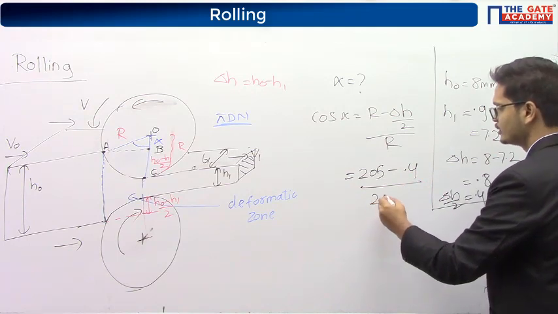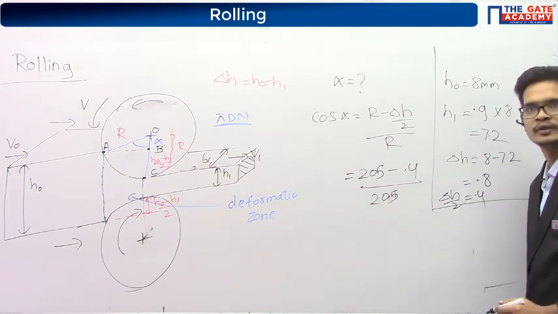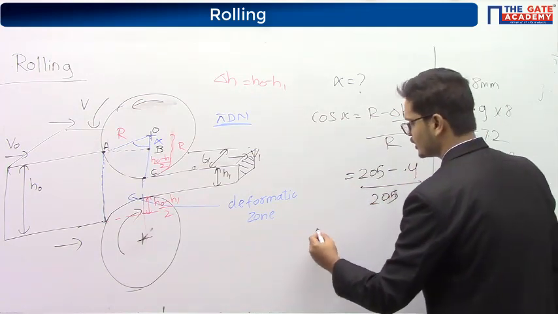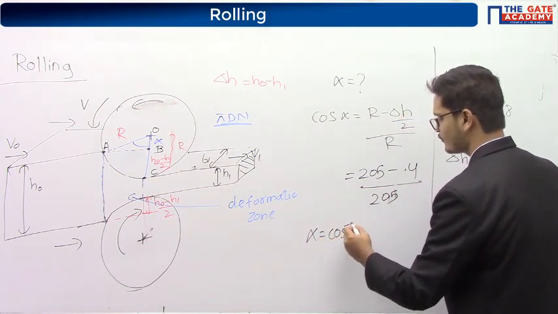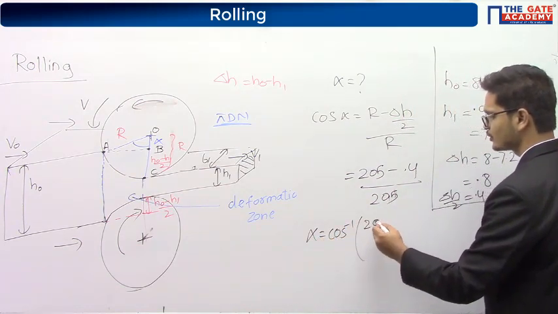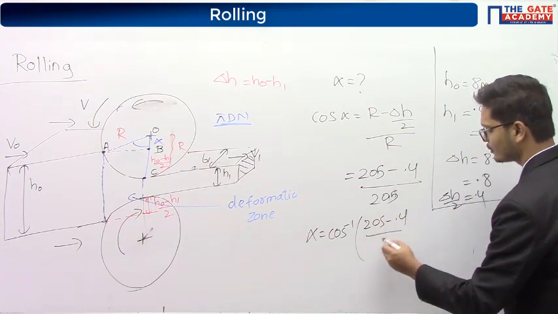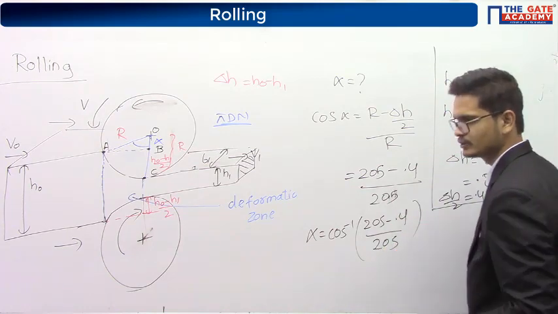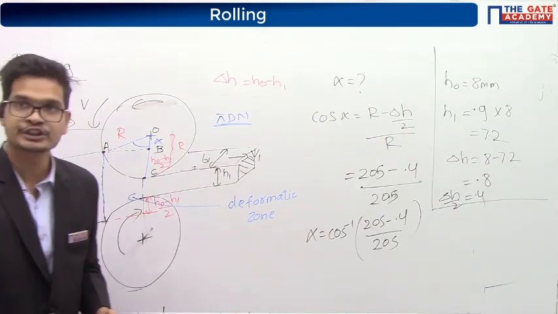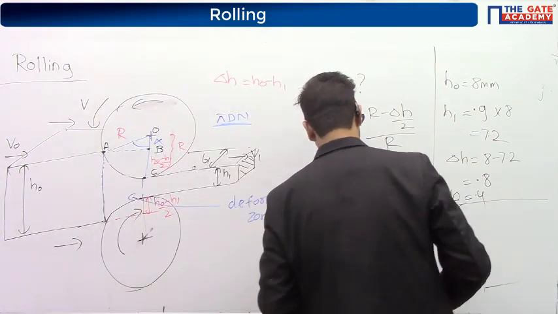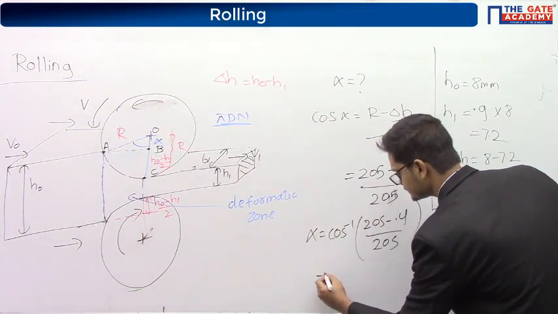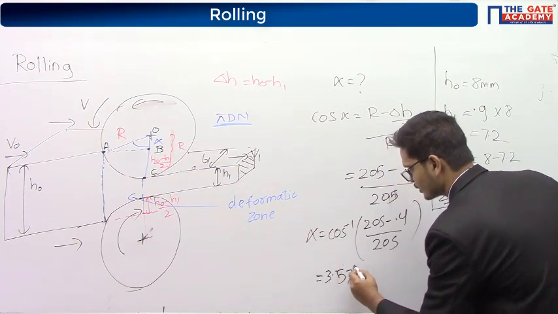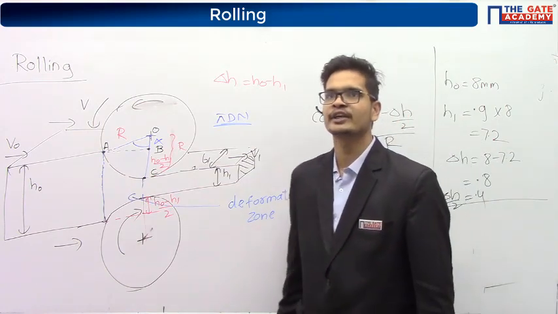So alpha will be cos inverse of (205 minus 0.4) upon 205. So it is 3.57 degrees. But guys, they have asked the answer in radians.